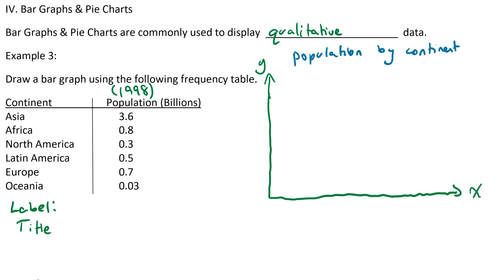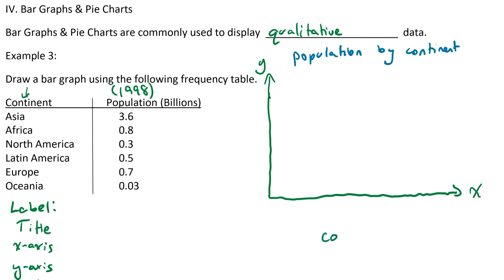We're going to need to label the x-axis and the y-axis. The x-axis is at the bottom, and that's going to be your actual categories.